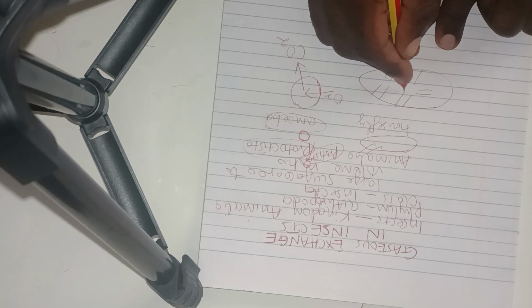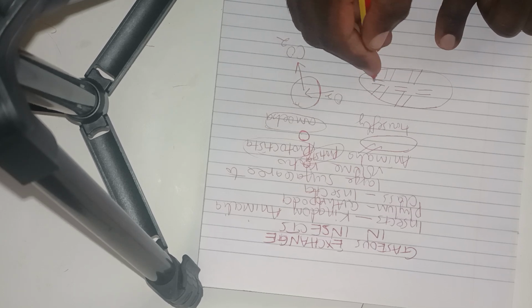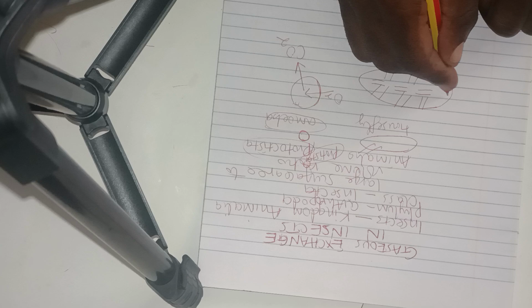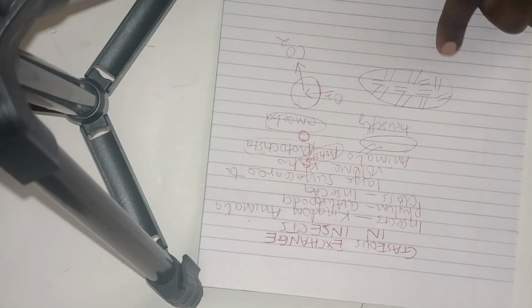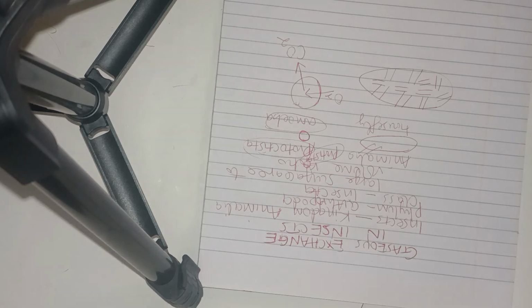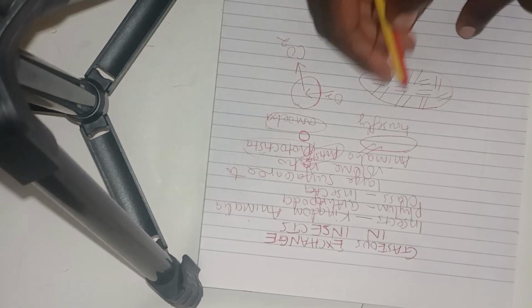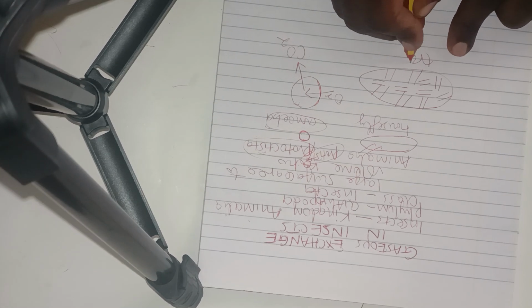An insect has structures that resemble open tubes running throughout its body. Those tubes are called air tubes, and those air tubes form what you call a tracheal system.